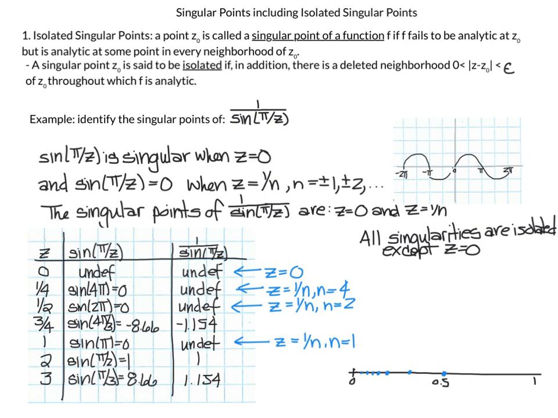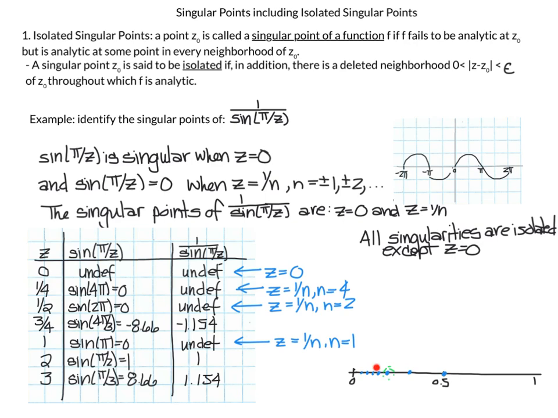If we looked at the singularity over here, this is the singularity at 1/4. We could look at the distance between the singularity 1/4 and 1/5. As long as we draw a circle of radius that's smaller than the distance between those 2 points, we can create our neighborhood, our punctured disk, our deleted neighborhood, where everything's analytic.